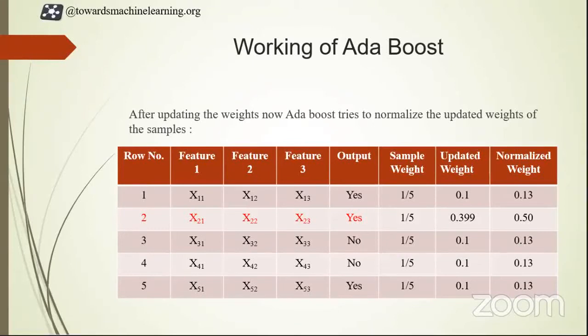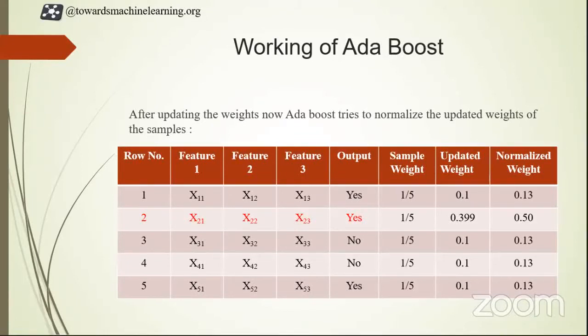For normalizing, we calculate the sum of the updated weights and divide each updated weight by the total sum of these updated weights. You calculate the total sum of the updated weights first, and then divide the weight of each instance by it. So you will get normalized weights. This normalization is very important after updating the weights.